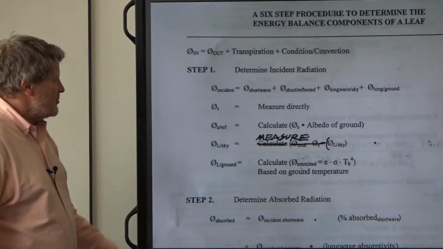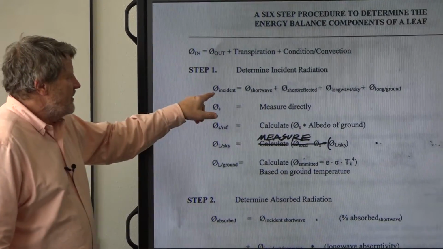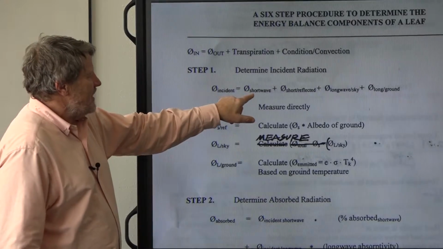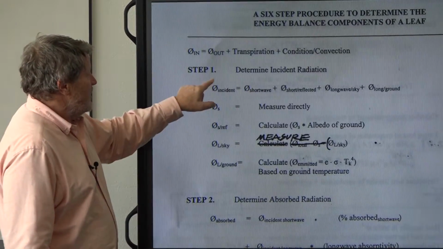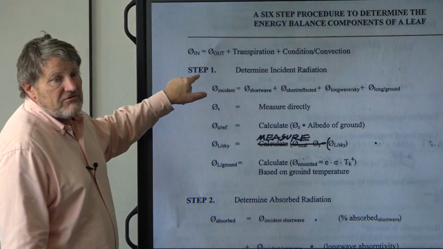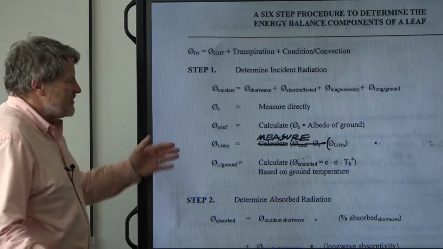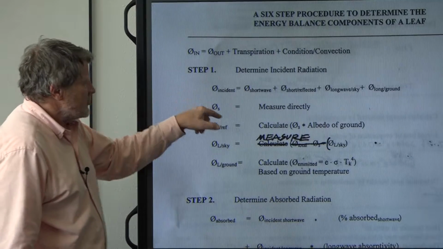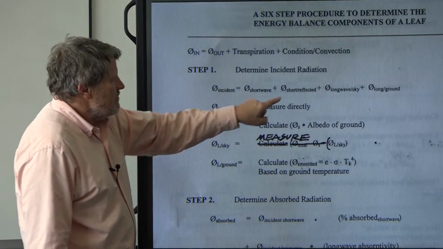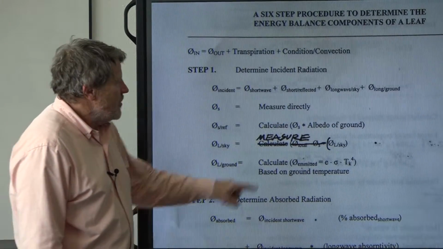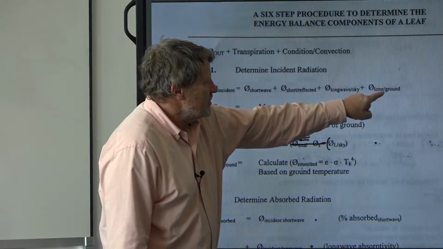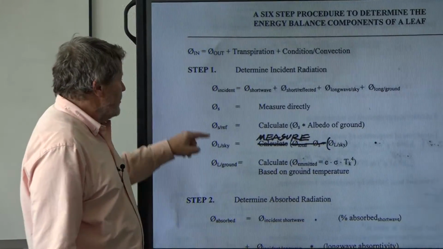Just do this, condensed. Incident is dependent on short wave. By the way, we often use the Greek letter phi to mean radiation. I always use a capital R, but it's the same thing. Phi is radiation. That's short wave in, plus short wave reflected, plus long wave from the sky, plus long wave from the ground. Those are the four components.